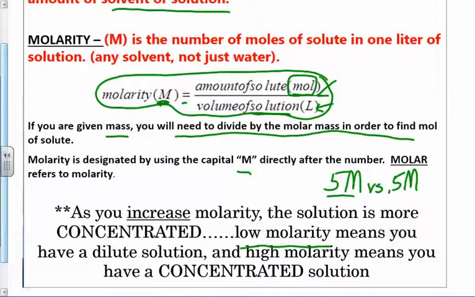All right, so go ahead and fill in your blanks there. As you increase molarity, the solution is more concentrated. Low molarity means that you have a dilute solution, and a high molarity means you have a concentrated solution. So stop and fill in those blanks there.